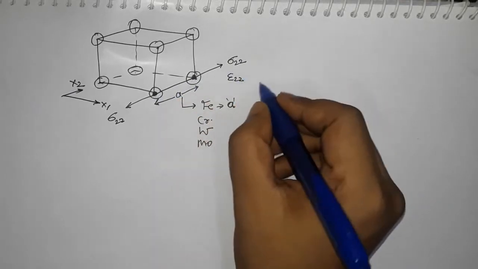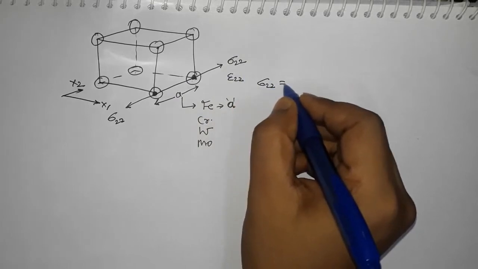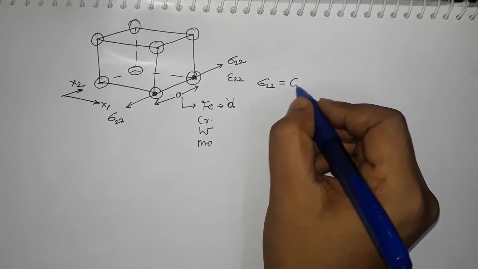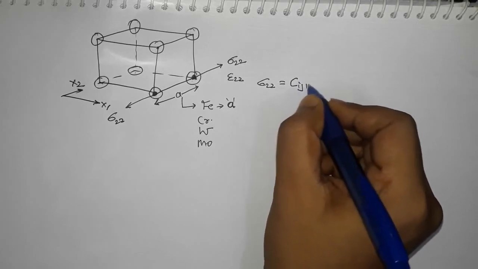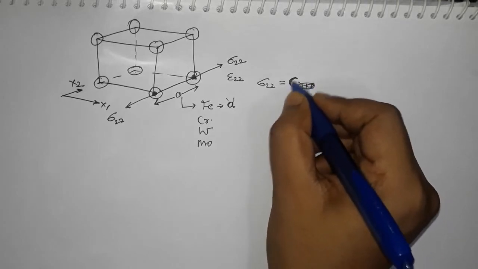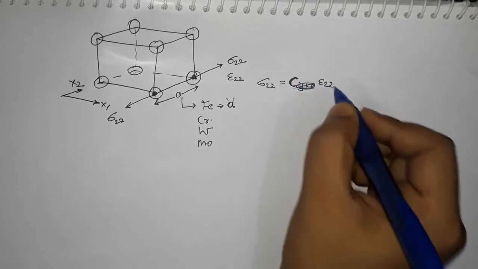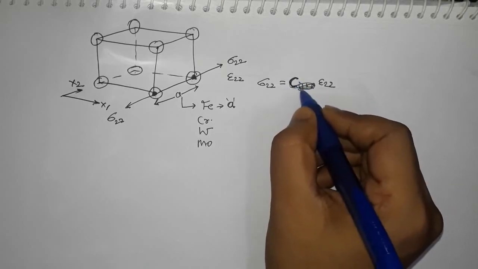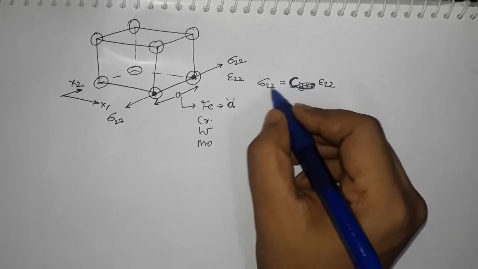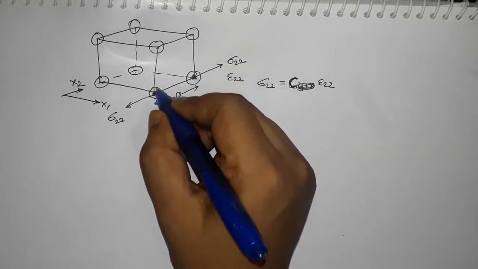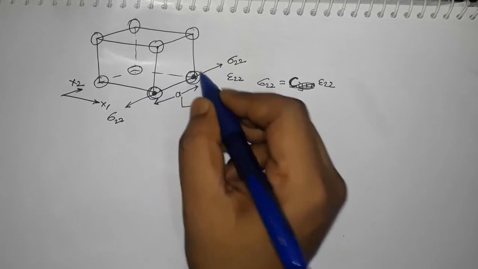So this will have a relationship which can be given by a certain compliance C_ijkl, some value. So that is C epsilon 2. This C describes the elasticity in this direction because of this arrangement of atoms, right?